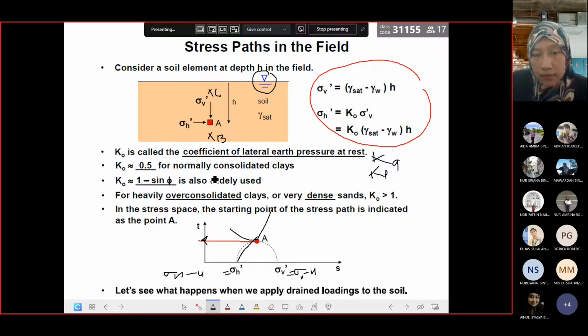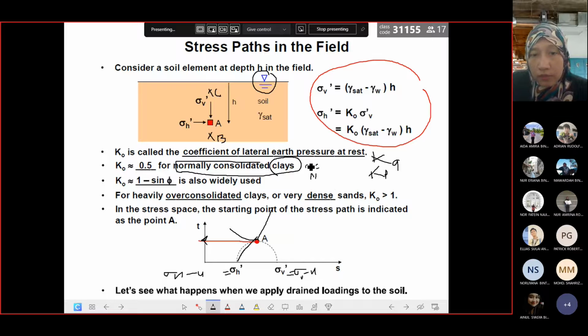So the stress history dia berkait dengan stress path. Maknanya kalau you tengok sini clay is not only a clay itself, dia berubah bergantung kepada stresses subjected to itself, sama ada dalam keadaan normal consolidated clay, over consolidated clay ataupun under consolidated clay.